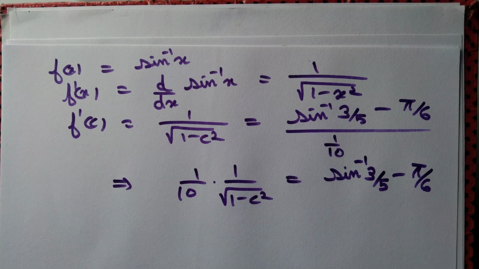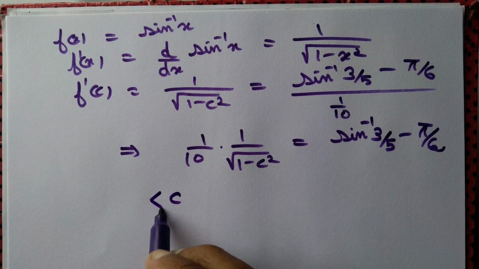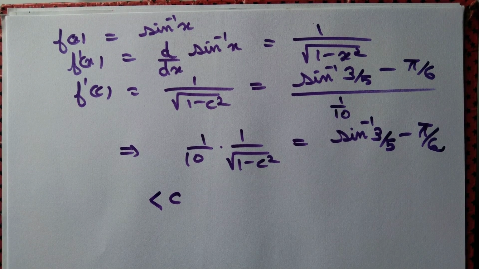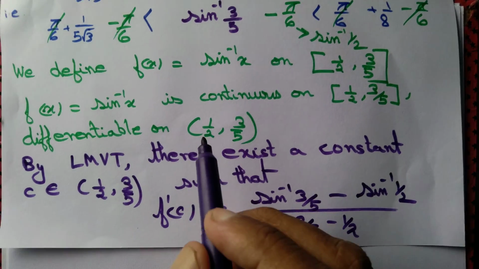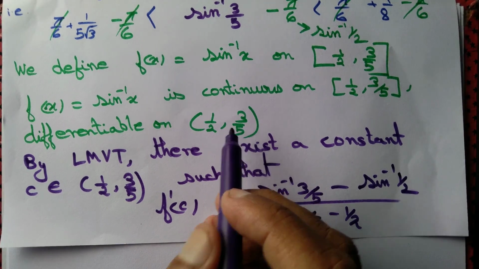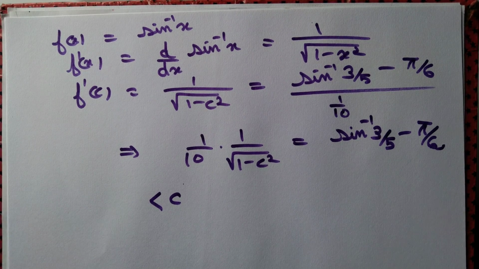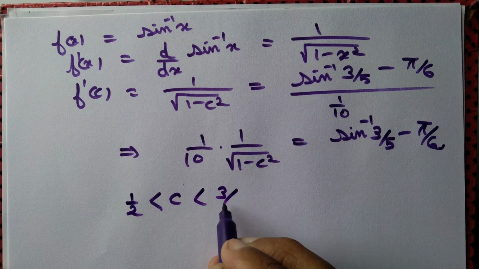We know that constant c is greater than half and less than 3 by 5. c lies on this open interval half comma 3 by 5.